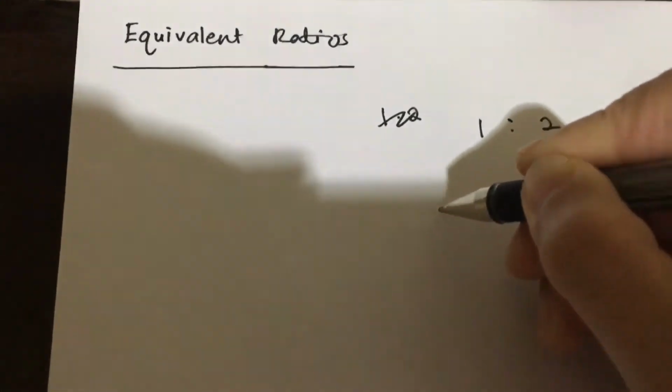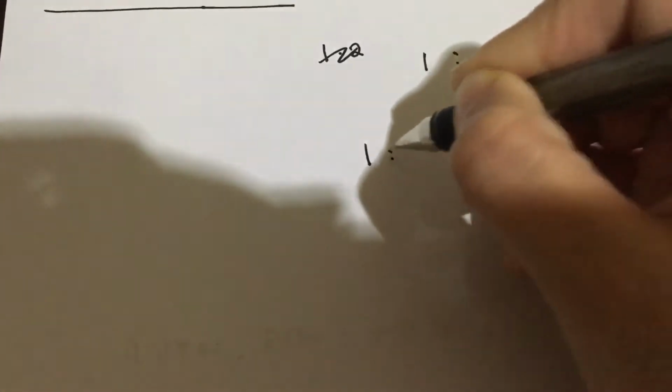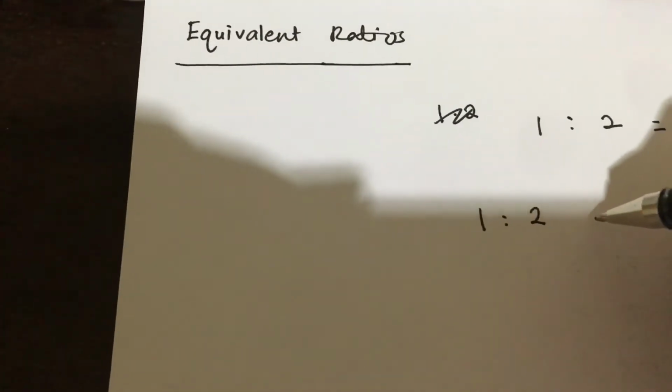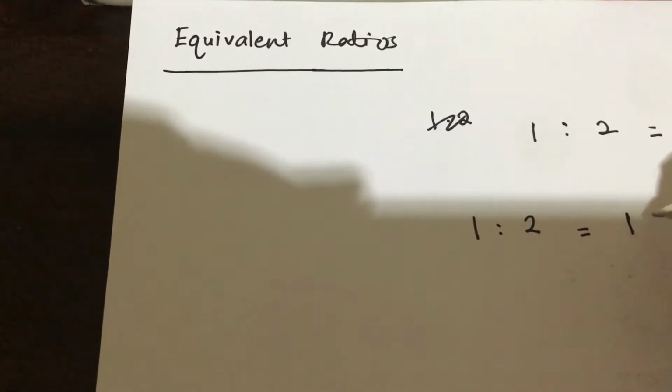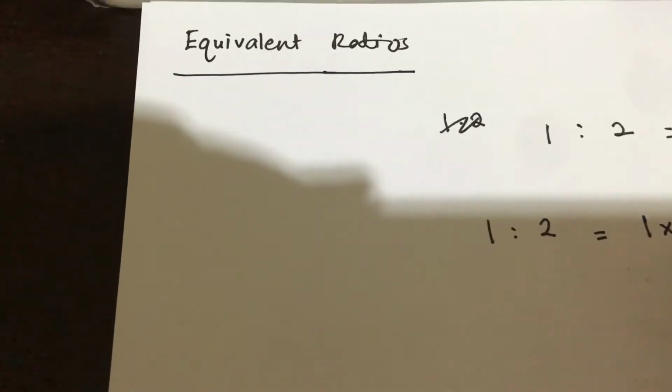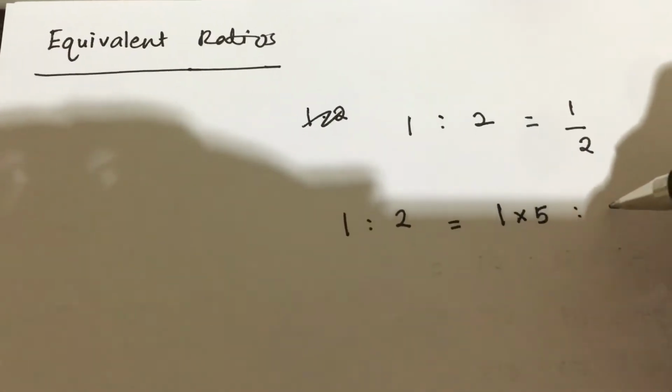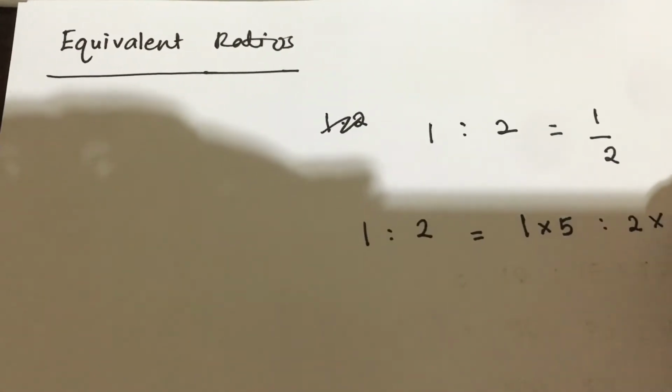Now if I have 1 to 2 and I want another equivalent ratio, I can choose to multiply with 5. When I multiply one part with 5, the next part will also be multiplied with 5.